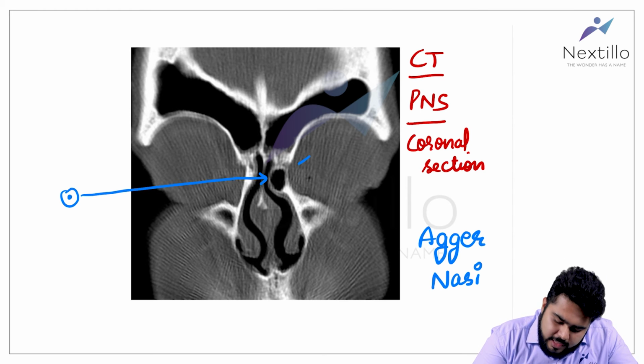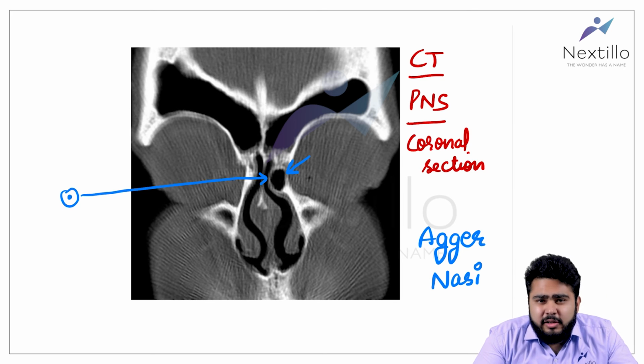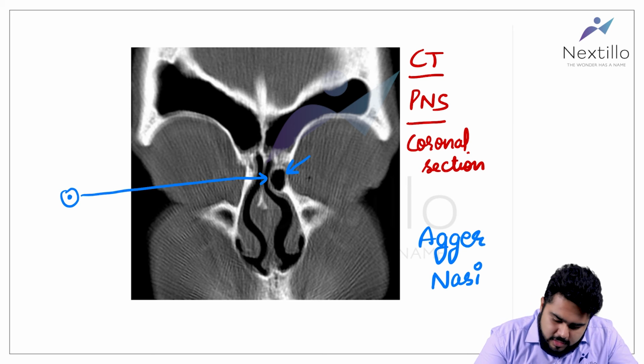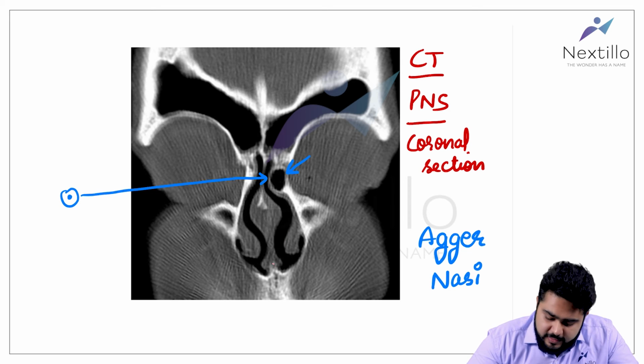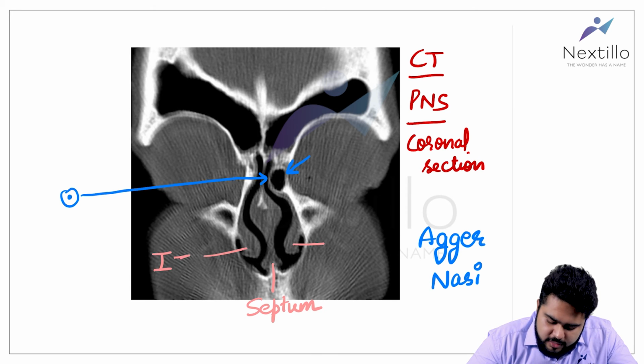See, whenever you see an air cell over here and the middle turbinate till now is not seen in the picture. Can you see the middle turbinate? No, this is the inferior turbinate, right? This is the septum, if you see. On both sides, this and this is the inferior turbinate.